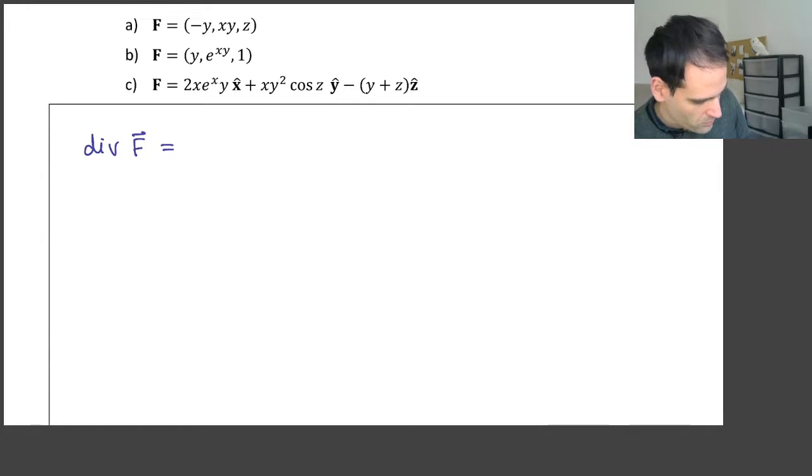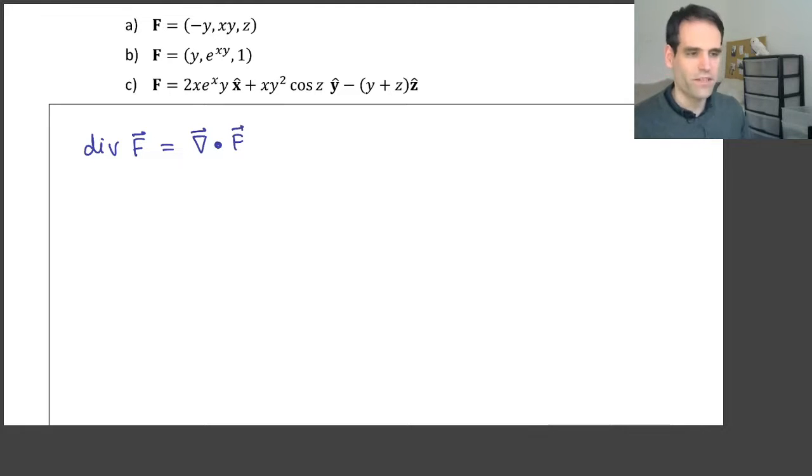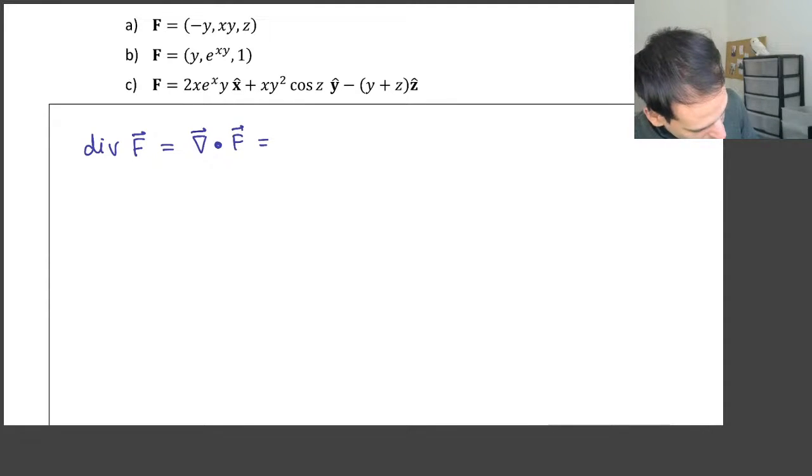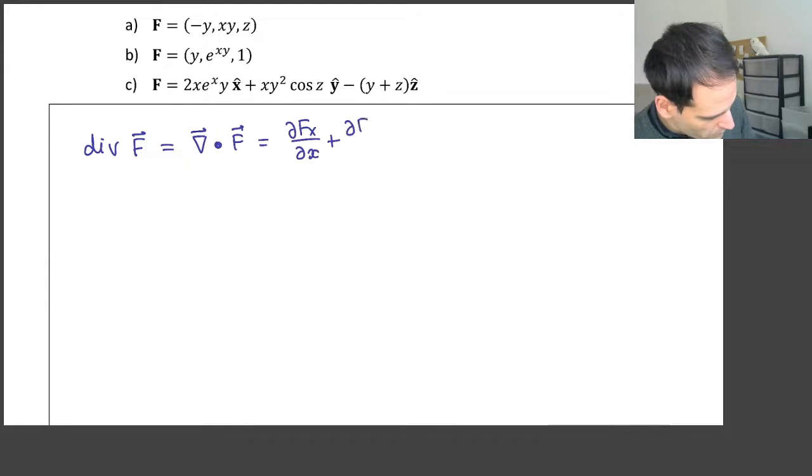The divergence of f is the dot product between the nabla operator vector and the vector field f, which is given by the partial of the x component of f with respect to x, plus the partial of the y component of f with respect to y, plus the partial of the z component of f with respect to z.